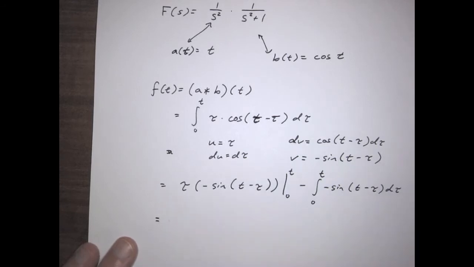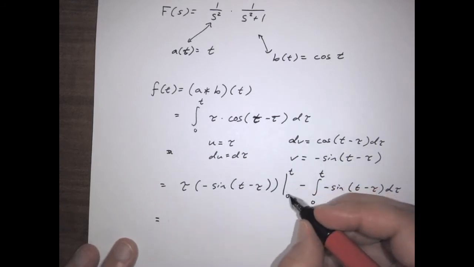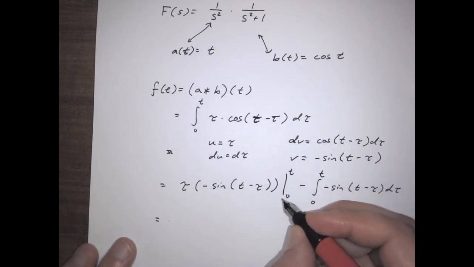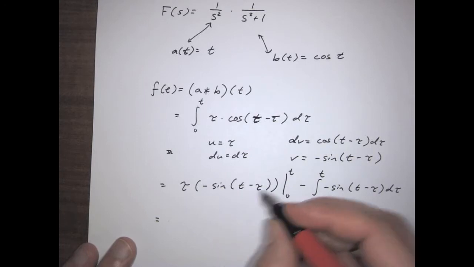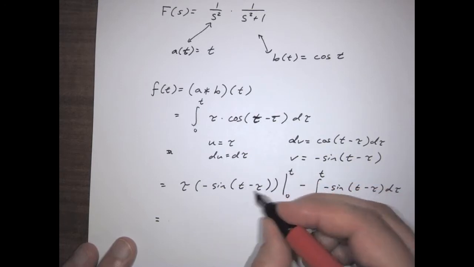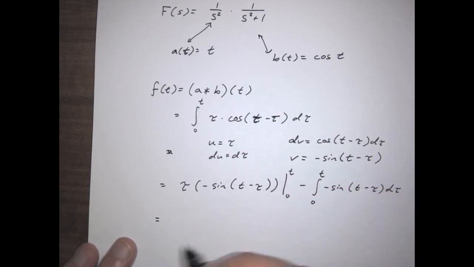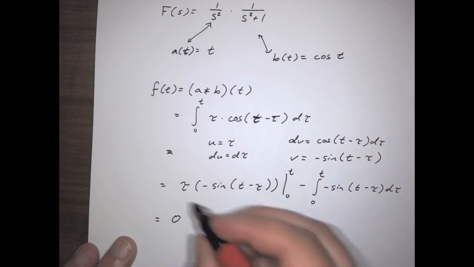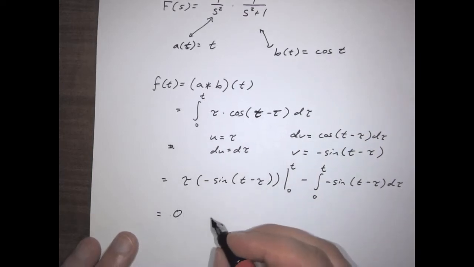Now here we're going to be plugging in tau equals t and tau equals 0. Now if tau equals t, we're going to be getting 0 here, and the sine of 0 is 0, so it's going to be 0. And if tau equals 0, then we're going to be getting another 0 on that side.